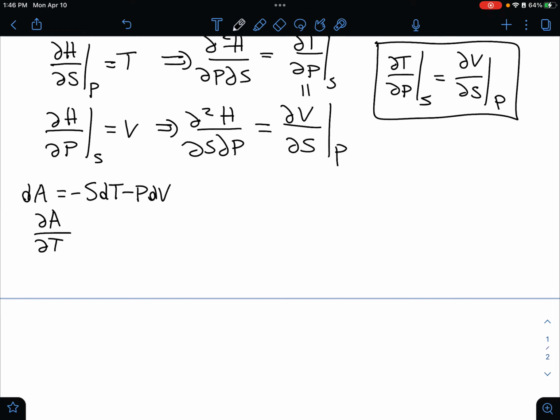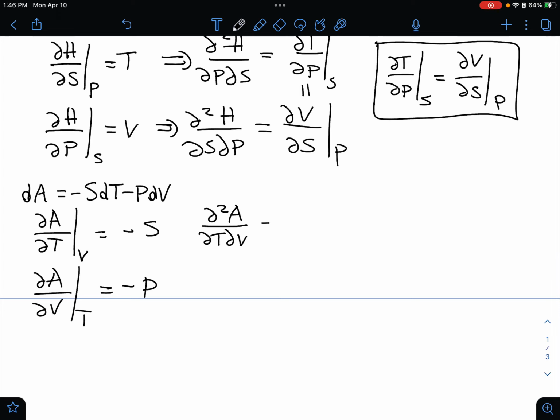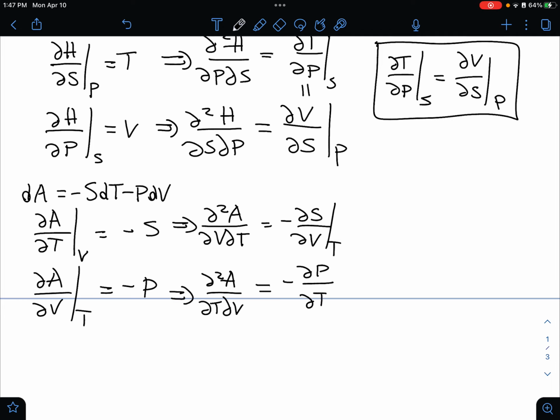So dA dT at constant V is going to be minus S. dA dV at constant T is going to equal minus P. d squared A dT dV is going to be minus dS dV at constant T. Oops, I should have written this as dV dT, and this follows from that. d squared A dT dV is going to equal minus dP dT at constant V. Therefore, the negatives cancel. dS dV at constant T equals dP dT at constant V.